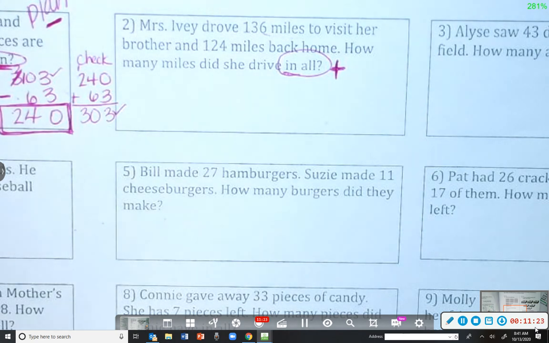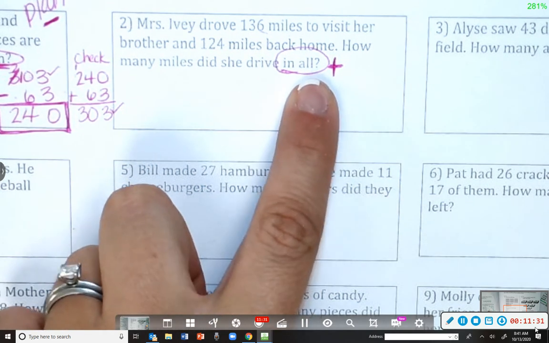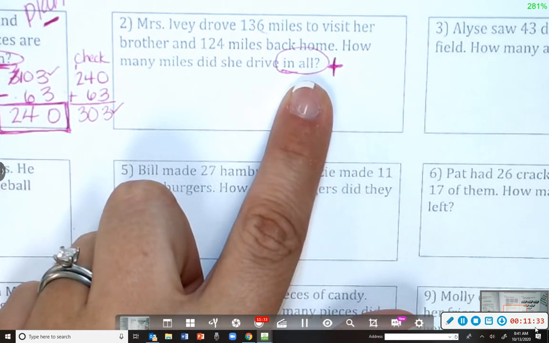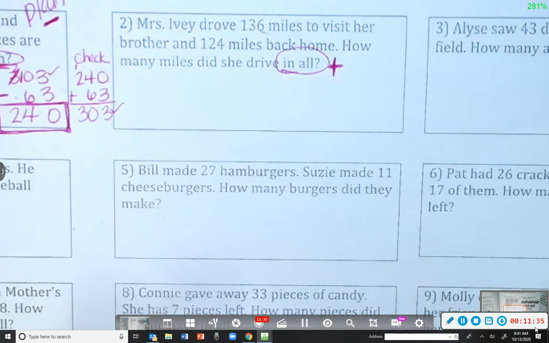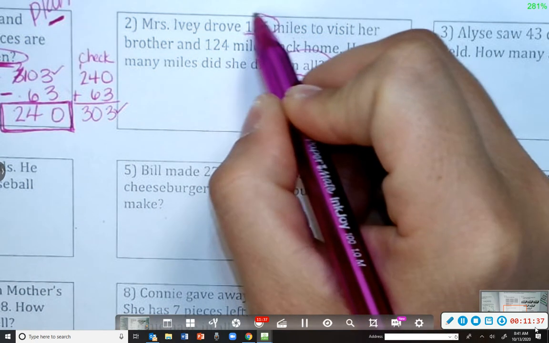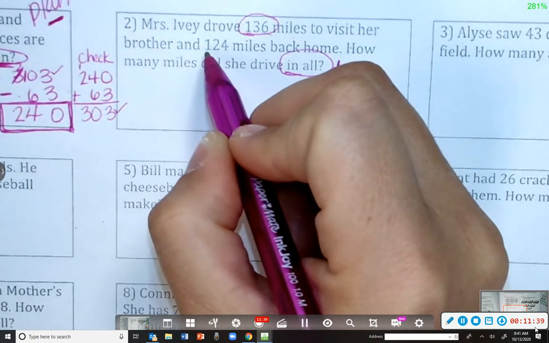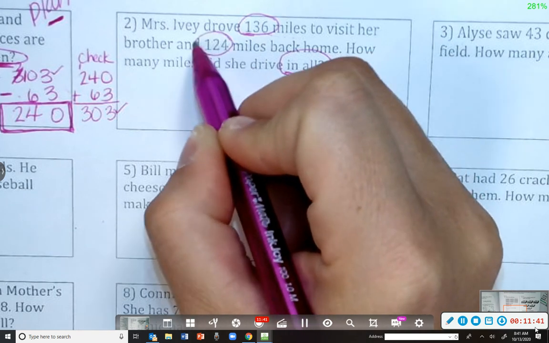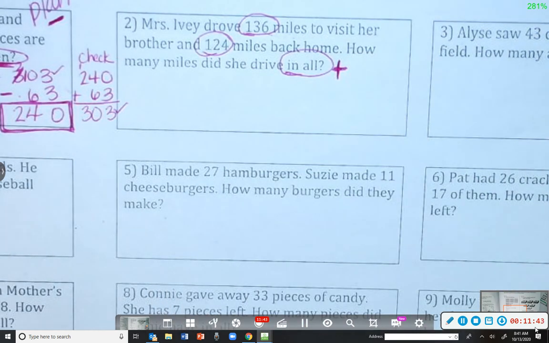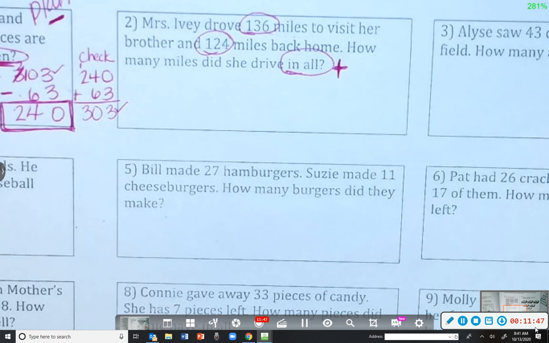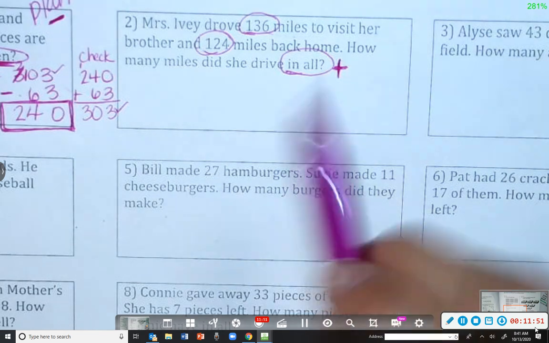This is a very short word problem, so we're starting off simple. Which information is important other than in all? We know that's important. The numbers. She drove 136 miles to visit her brother and then 124 miles back home. We do need both of those numbers. And what are we going to do? What's our plan? Evangeline? Adding it.